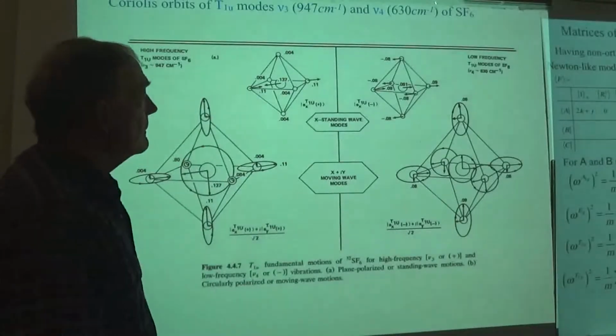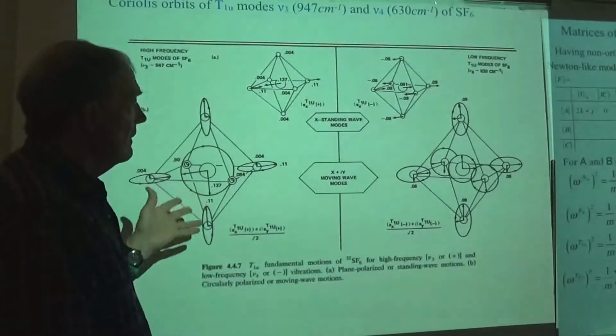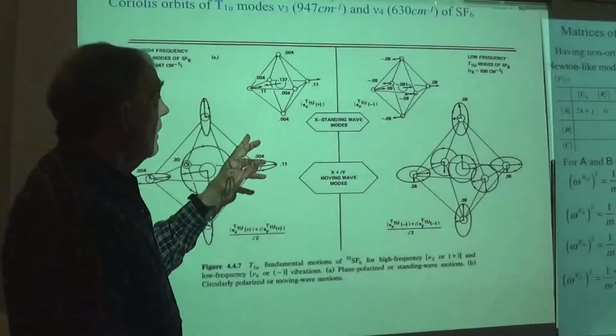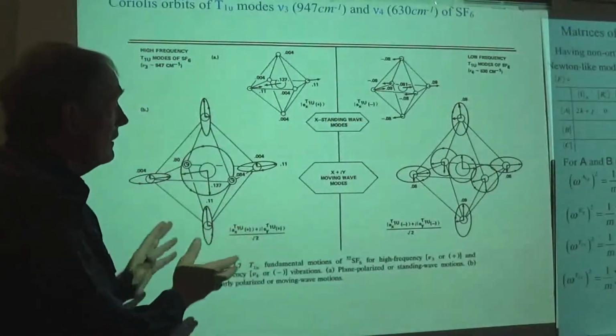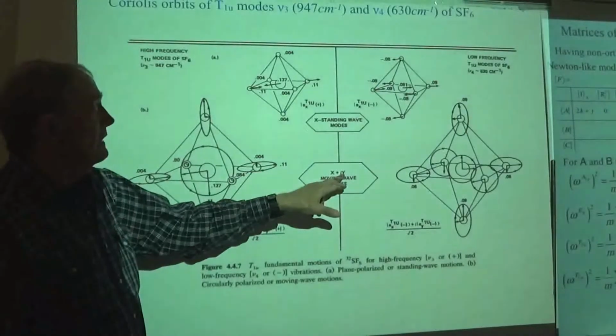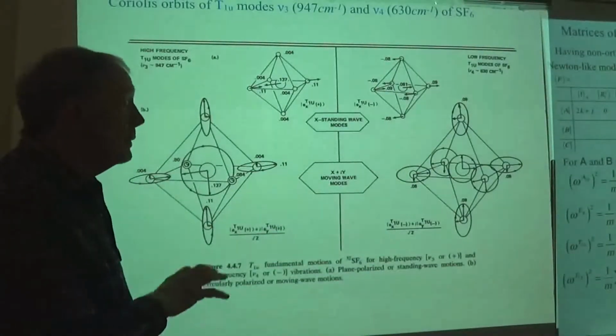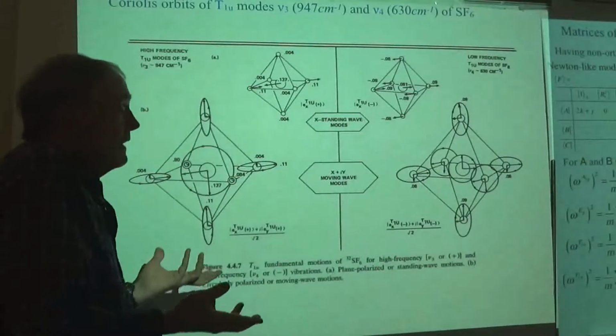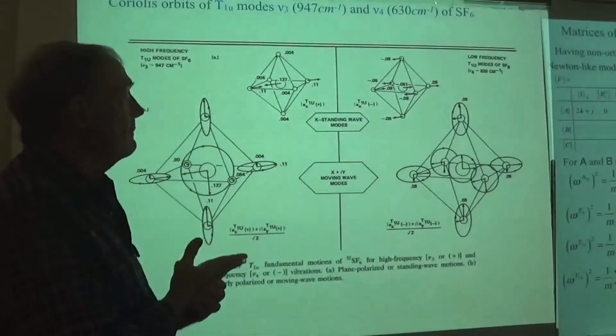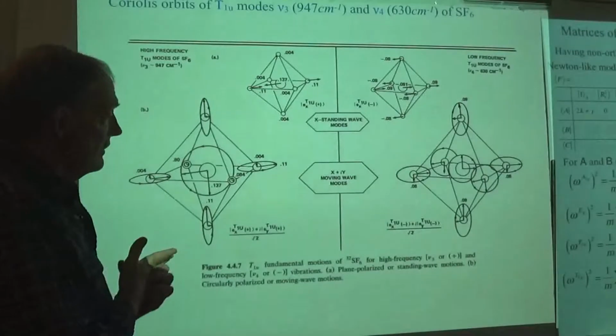And the idea of making that, now these guys right here I call standing wave modes, but we put two of those together in a 90-degree arrangement, which is what the molecule is going to do if it starts to rotate, because it's going to think it's got a magnetic field, something that's proportional to velocity.